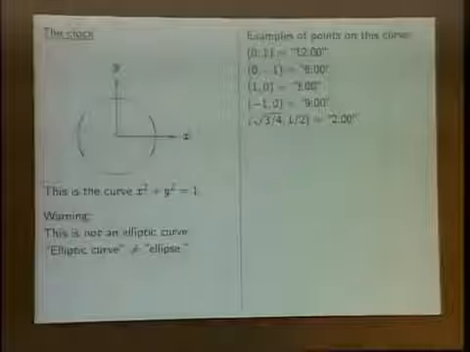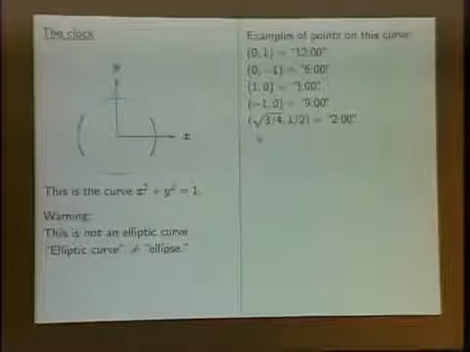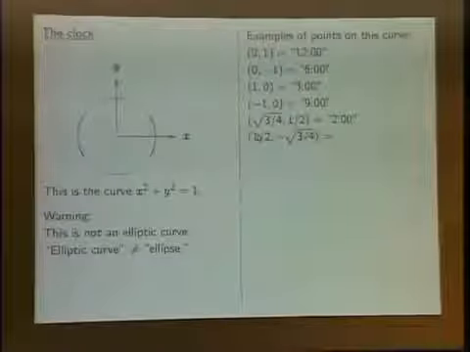There's, for instance, the 6 o'clock point at 0, minus 1. There's a 3 o'clock, the 9 o'clock point. And then we get into algebra: where exactly is the point that is 2 o'clock? So we go somewhat over and then somewhat up. The up is just a little bit, the over is quite a bit. When you compute those things, the up is 1/2 and the over is the square root of 3/4.